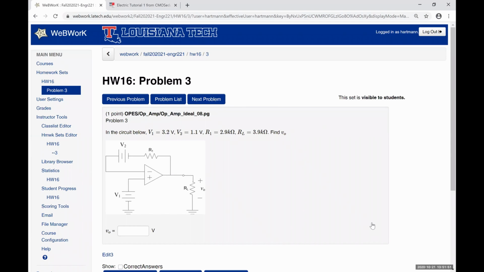Nothing particularly difficult there. If we look at this problem, maybe a little bit trickier. Who among you can tell me what the voltage drop over the resistor R1 is in this case? In problem 3. How much current's flowing through it?